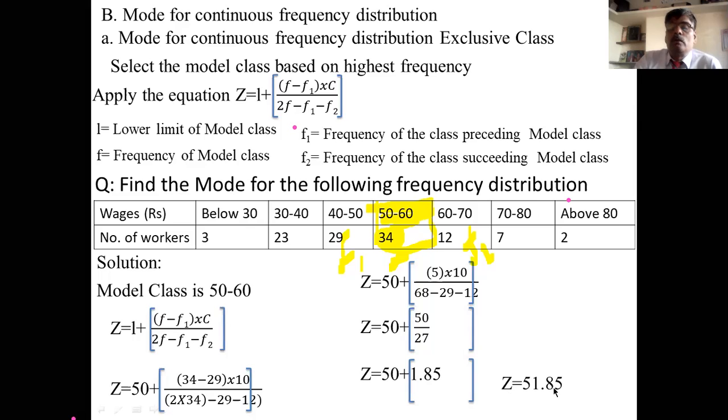Z is equal to 51.85. Answer. In this way, calculate the Z value.